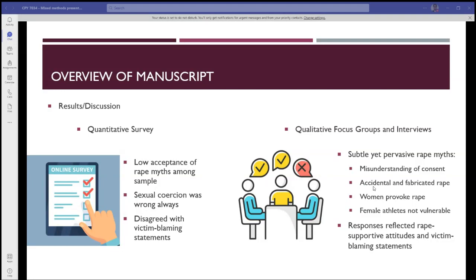However, this likely isn't the case because they saw similar results in a one-on-one interview with a researcher. However, this study was conducted in 2004. So maybe if this study was conducted in present day, where there's been an increased awareness of sexual assault in college athletics, there may have been different results.